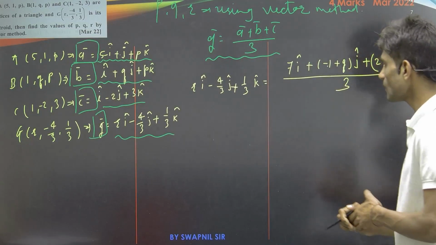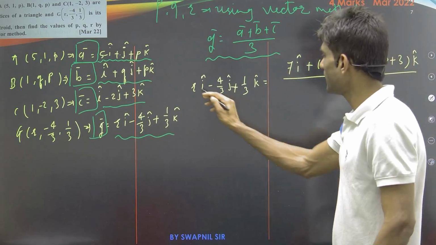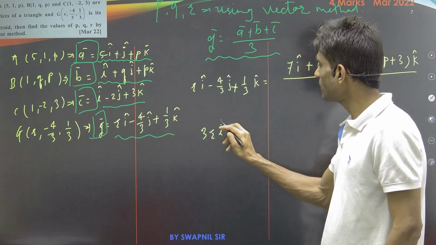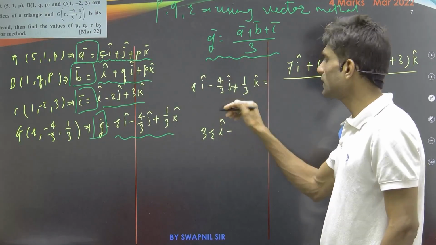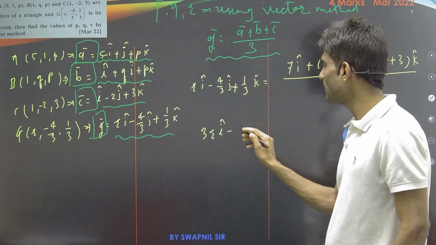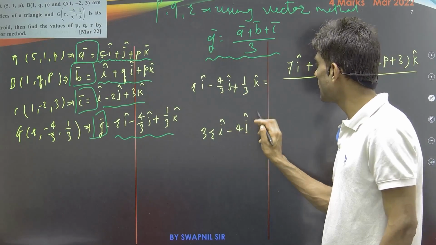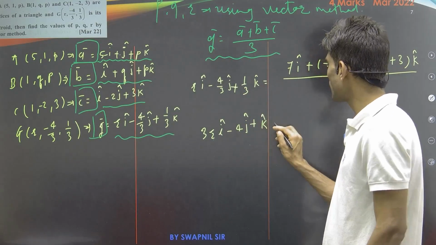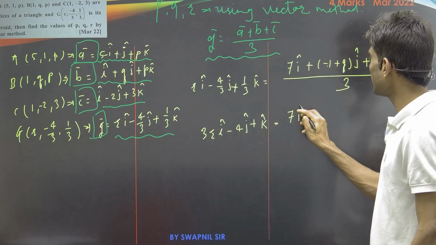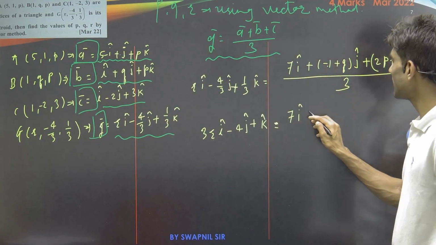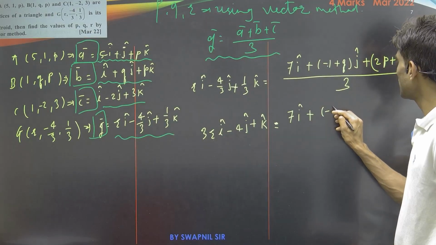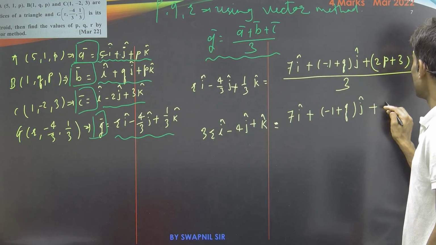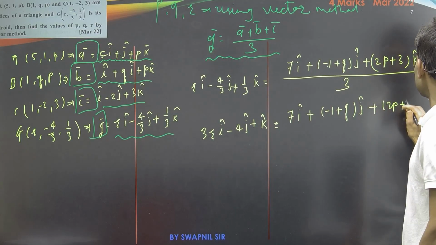Take that 3 to the other side, we can write 3 times r i cap minus 4, 3 multiplied by 4 by 3, so 3 can be cancelled, so 4 times j cap. 3 multiplied by 1 by 3 remains only 1, that means it is only k cap, which is equal to 7 times i cap plus (minus 1 plus q) times j cap plus (2p plus 3) times k cap.